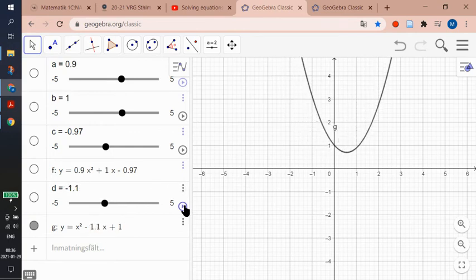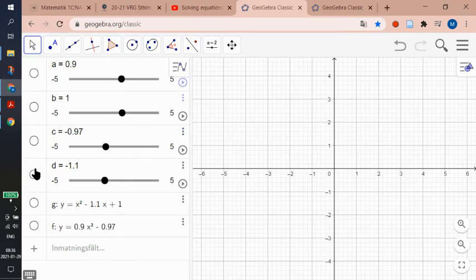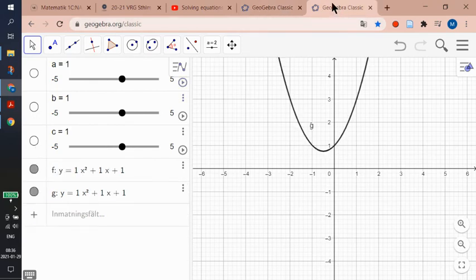Now, an interesting case is when the value of b is 0. I can get that effect if I just delete that term. So if the value of b was 0, we just had ax squared plus c. Maybe I just start a new tab here, sorry about that.